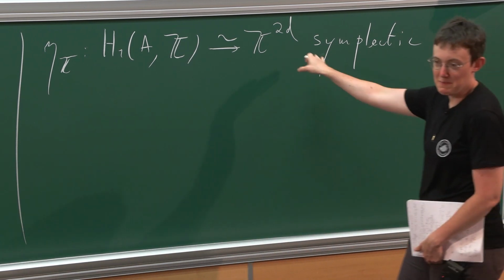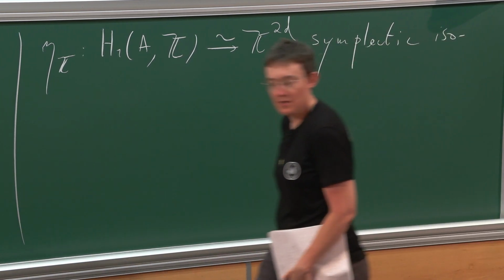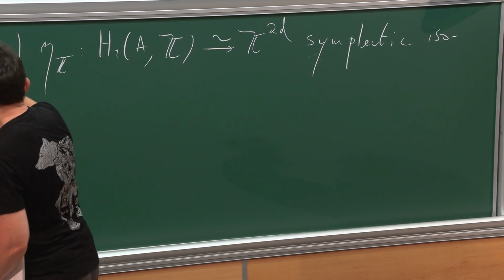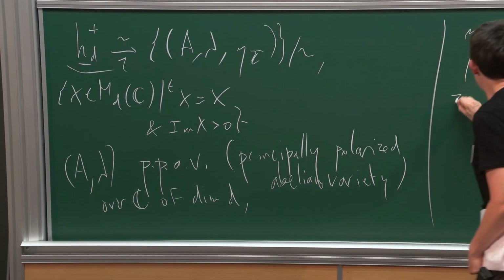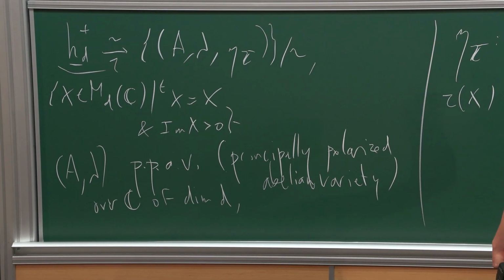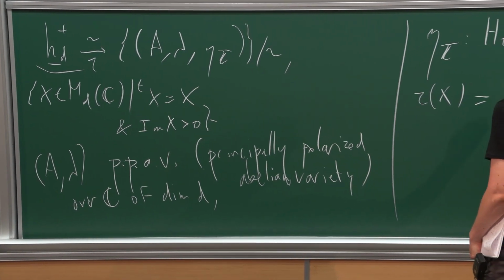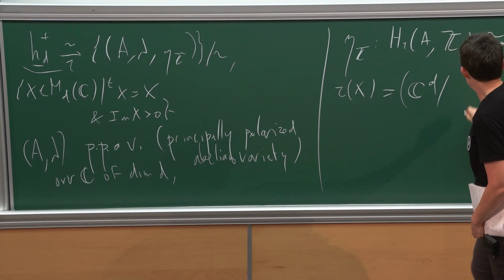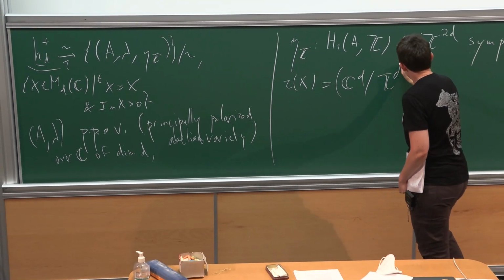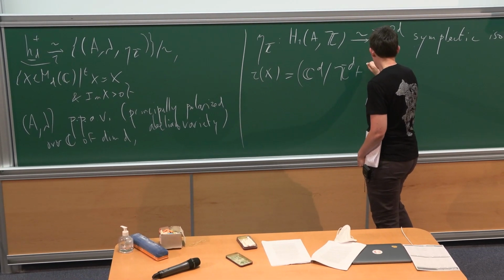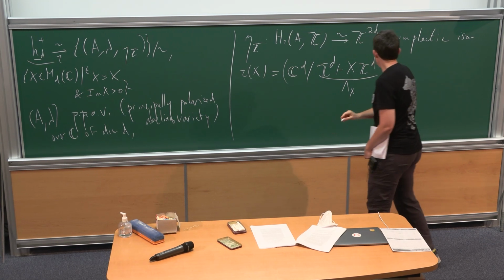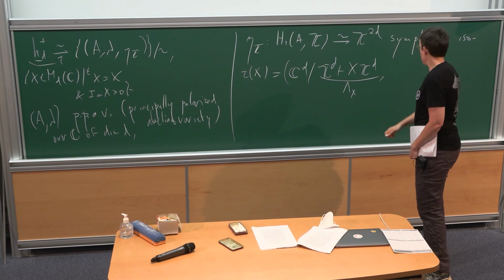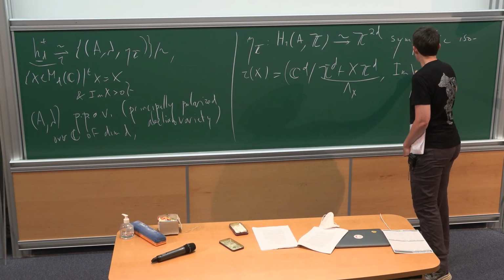It doesn't really matter, I just need to fix one. A perfect symplectic pairing, and this map, if I call it iota, just sends X to the abelian variety C to the d modulo the lattice Z to the d plus X Z to the d. So that's lambda X.